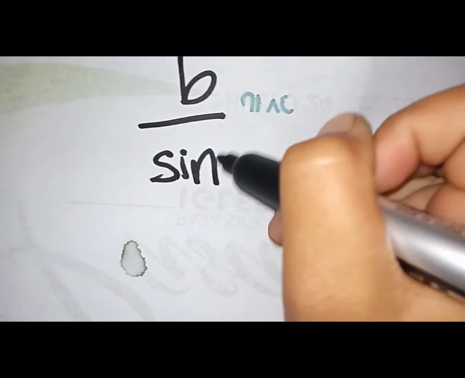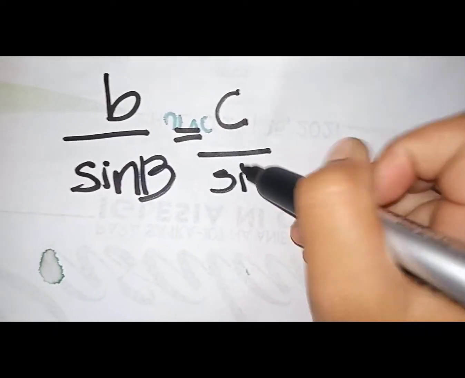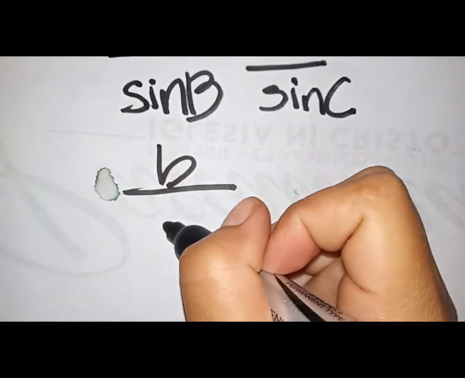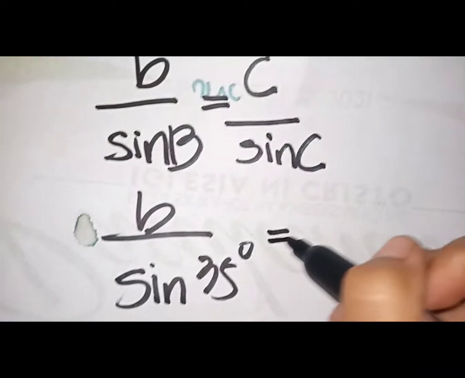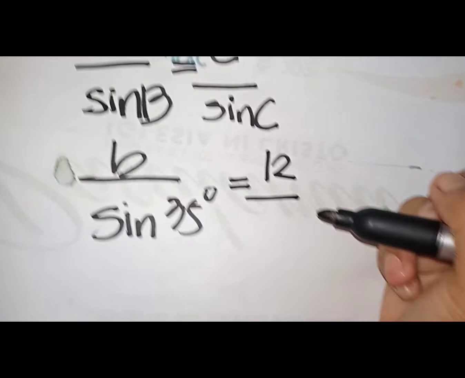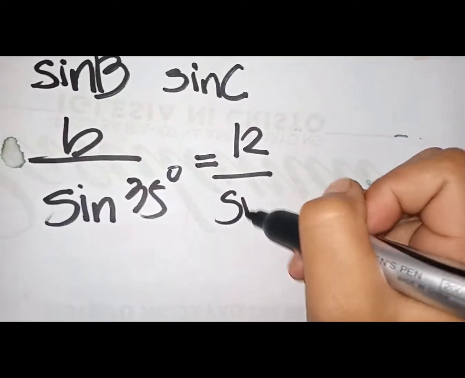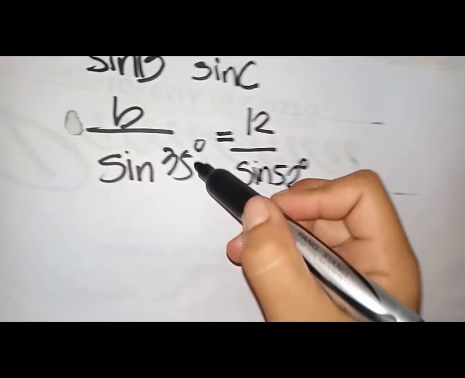In finding the side B, we're going to use the formula B over sine B is equal to C over sine C. B is the missing, and our sine B is sine 35 degrees, is equal to C, which is 12, and our sine C is sine 52 degrees. The next is cross multiplication.